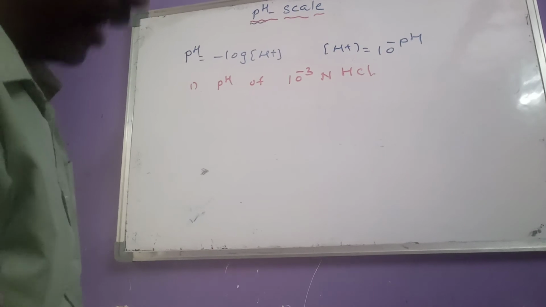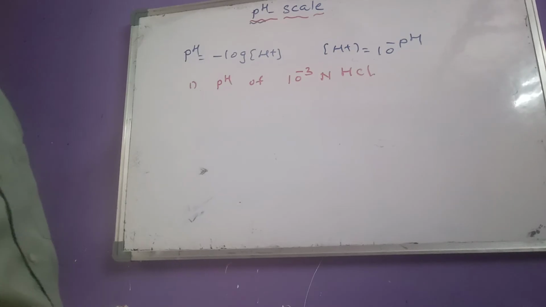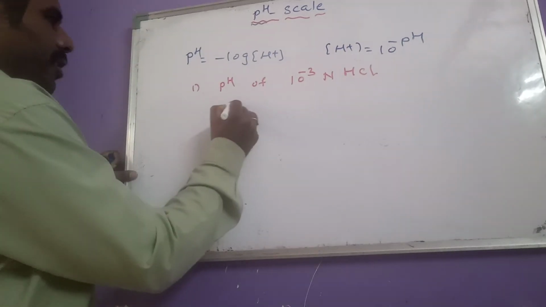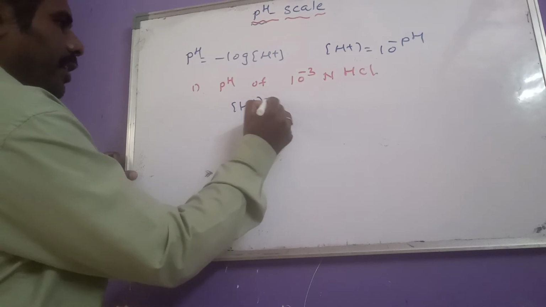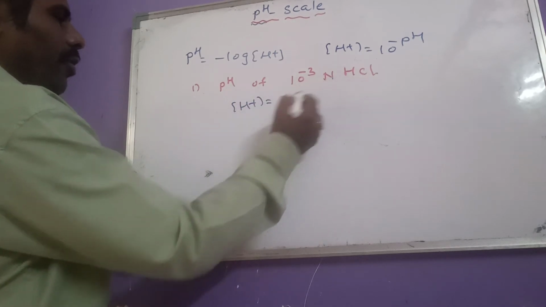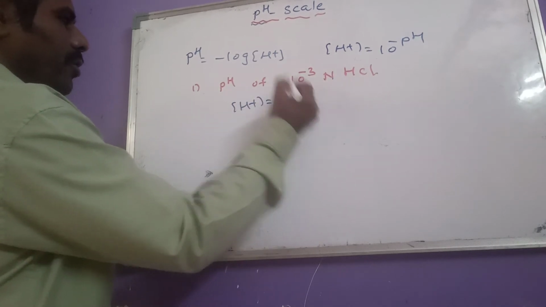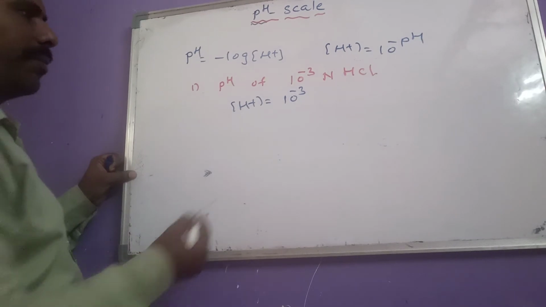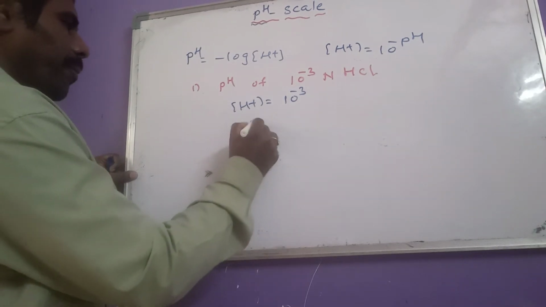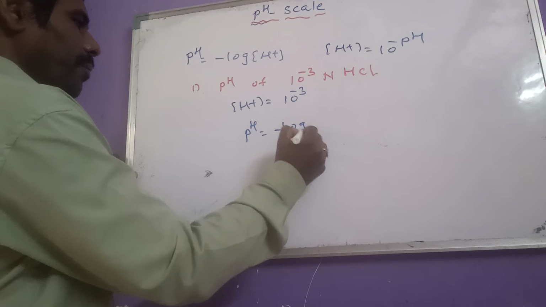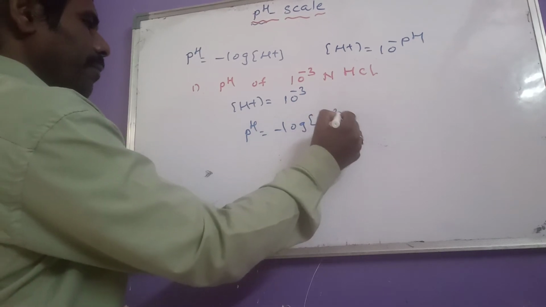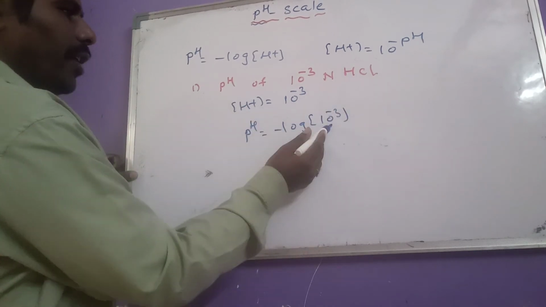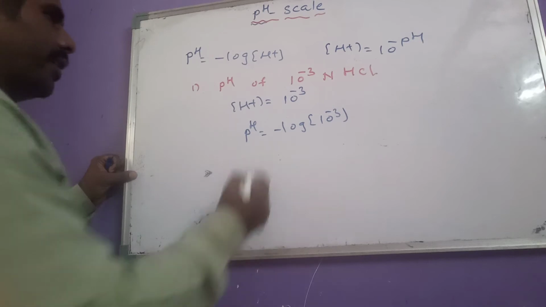As normality is given for this acid, the H plus ion concentration is directly equal to the given normality. So that equals 10 power minus 3. Therefore pH equals minus log of 10 power minus 3, because we have to write the H plus ion concentration.